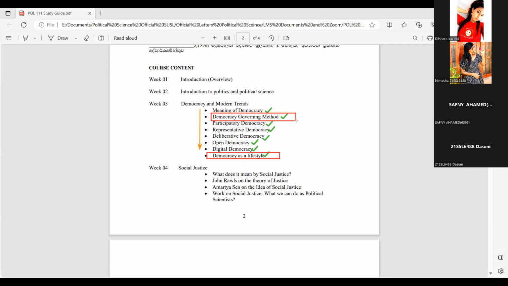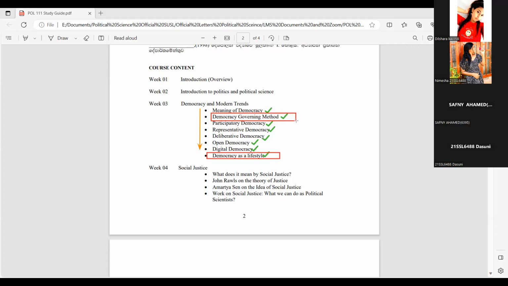So I'm very sure you may be aware about Abraham Lincoln's definition of democracy, and also you may be aware about participatory democracy, representative democracy, because we are practicing representative democracy. We are selecting our candidates and sending them to the parliament or maybe provincial council or local council.